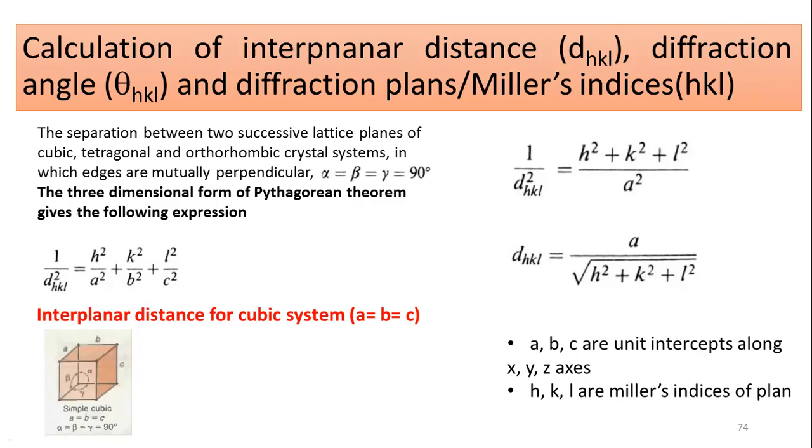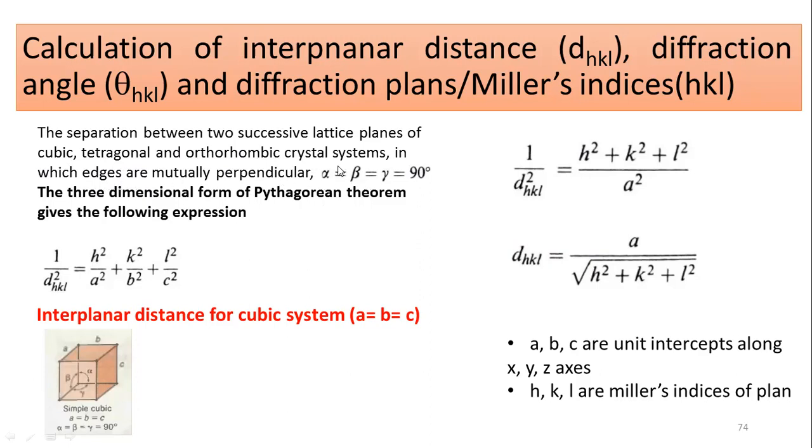Here I'm going to give you a brief explanation, and later on we will do one exercise on how to calculate the Miller indices. First of all, the separation between two successive lattice planes of the cubic, tetragonal, and orthorhombic systems. In these systems, edges are mutually perpendicular.